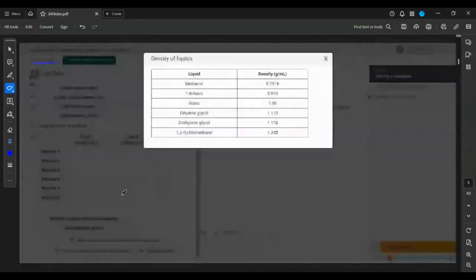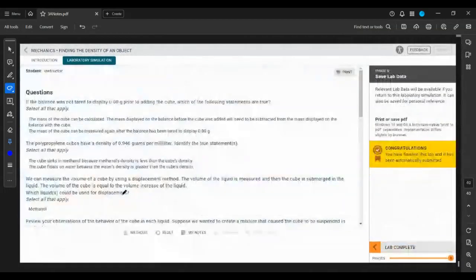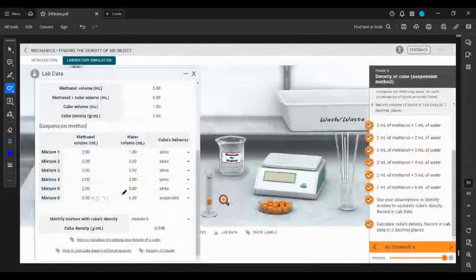Oh, sorry, I had these written down and I lost my paper. I knew that was wrong. I wrote it down and it didn't feel right. All right, let's fix it. 0.7918. And then the water is density of 1.